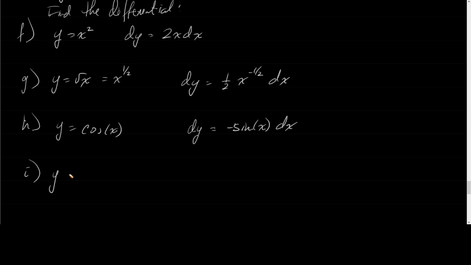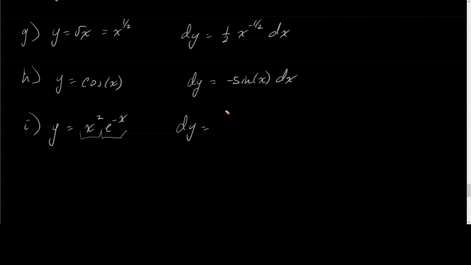If I had something like y equals x squared times e to the negative x, the differential is f prime, which means we have to take the derivative. And look at that, we've got a product of two functions, so we need to use the product rule. It's going to be the derivative of the first times the second plus the derivative of the second, negative e to the negative x, times the first, and then all of this dx.